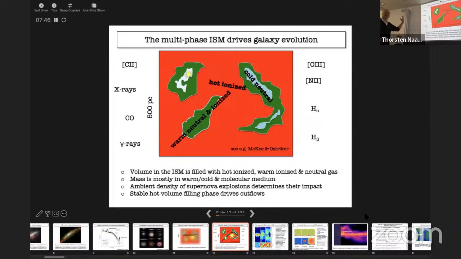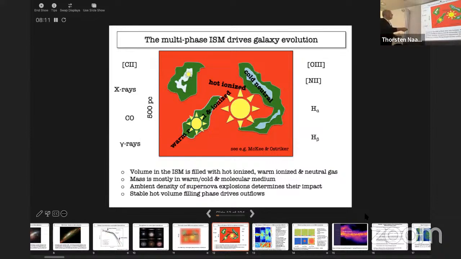Now, imagine you have a star exploding. When the star explodes in a dense medium, the blast wave cools away relatively rapidly, and you don't have much impact. It's a lot of energy, but it's cooled away. It's different if it goes off in the warm medium. It's even more different if it goes off in the hot medium, okay?